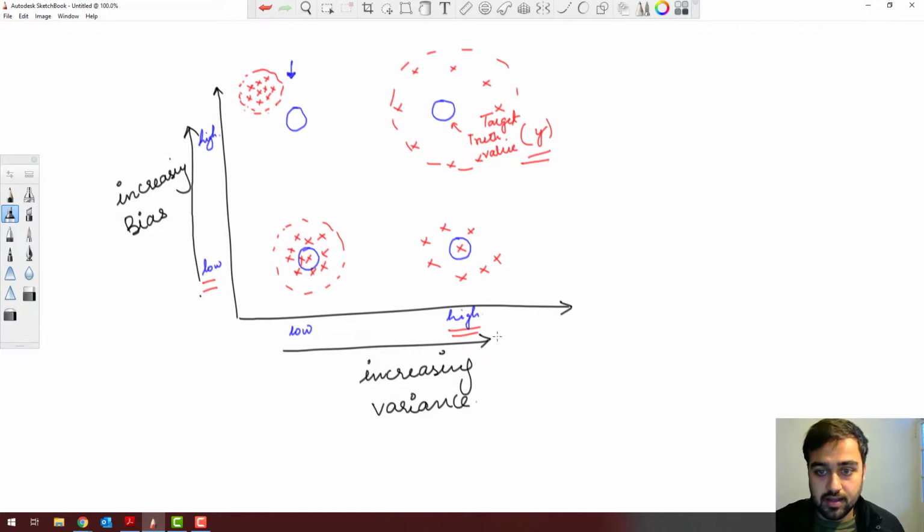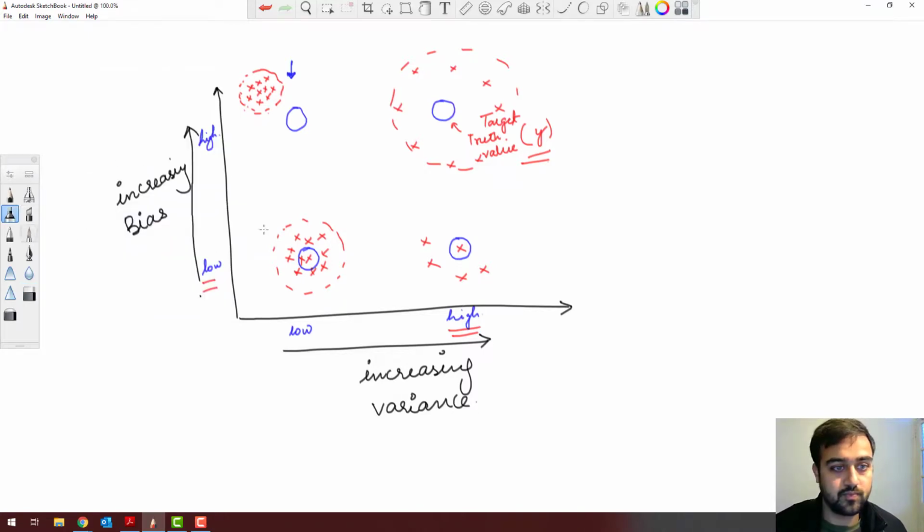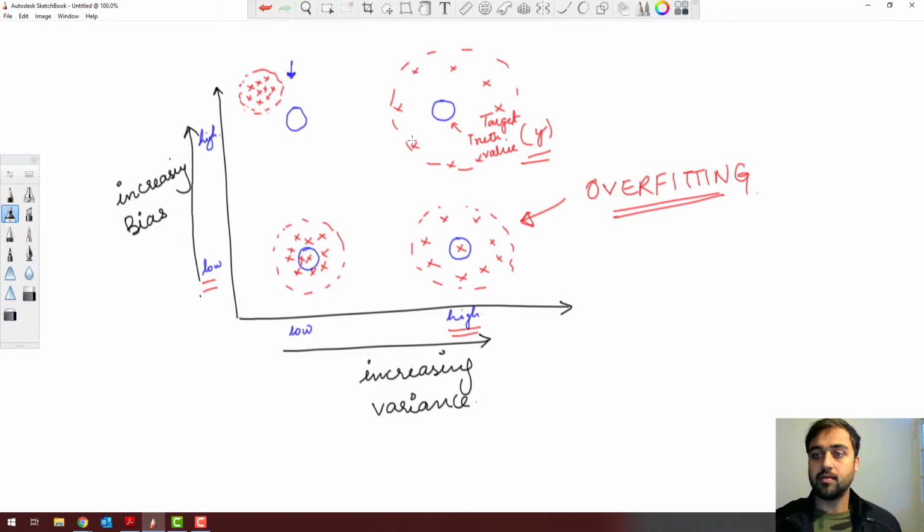Okay, let's draw it more cleanly, something of this sort. A model having low bias and high variance is the case of overfitting, right?